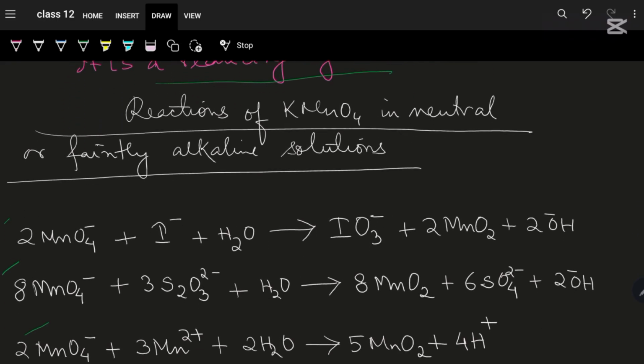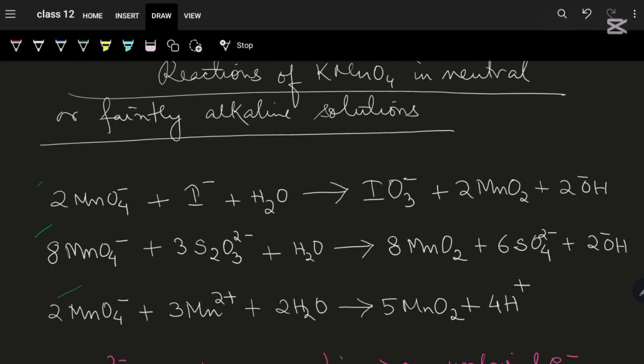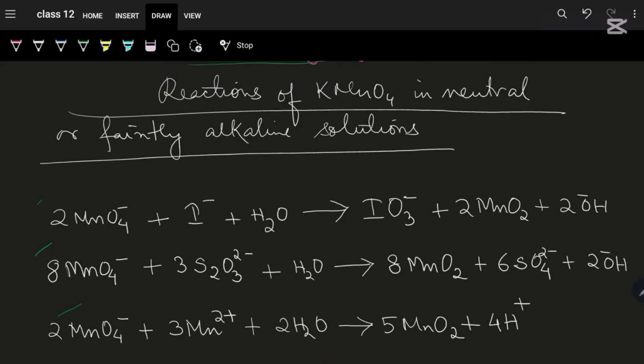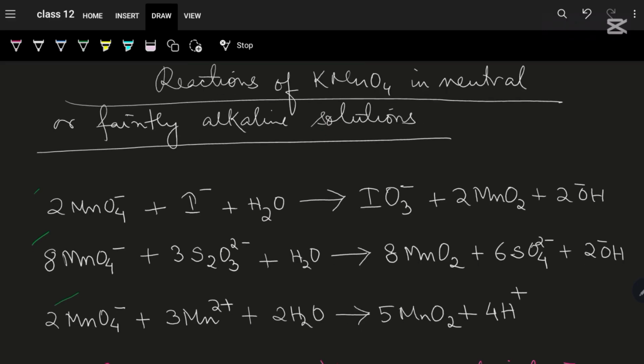There are reactions of KMnO4 and K2Cr2O7. Remember, KMnO4 and K2Cr2O7 are oxidizing agents. KMnO4 exhibits its oxidizing behavior in neutral, in faintly alkaline, as well as in acidic medium.